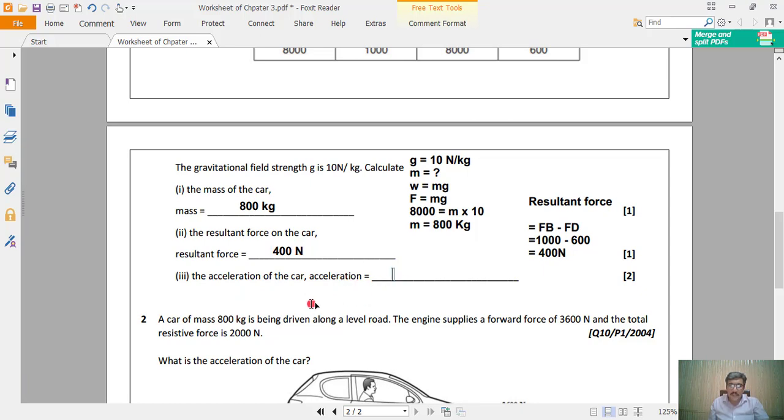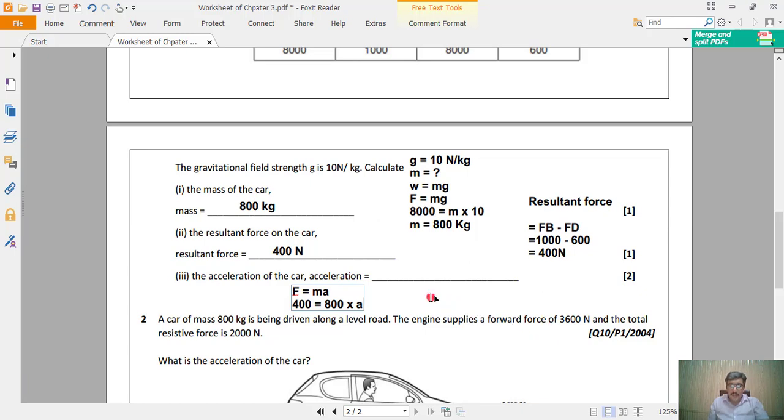We know that F is equal to ma. We have calculated resultant force here, that is 400 Newton, and it is going to indicate this F. So F is 400 Newton. Mass also we have calculated, it is 800 multiplied by a.